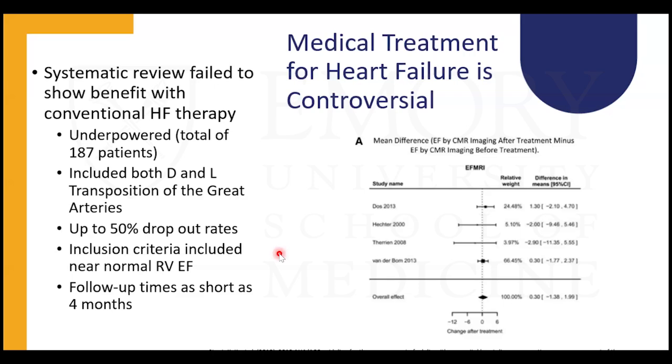The entire analysis had 187 patients, including both the control and the treatment group. Patients were included with both D and L transposition of the great arteries. These studies had up to a 50% dropout rate. People were included with a normal or near normal systemic RV function, and the follow-up time was as short as 4 months.